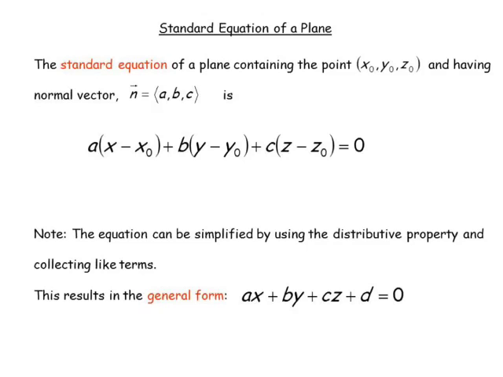Okay, so this is what you're going to typically write. Now we can distribute these terms. When you take a times negative x naught, b times negative y naught, and c times negative z naught, you're going to get 3 constant terms, which can be added together, and you could write the general form as so.